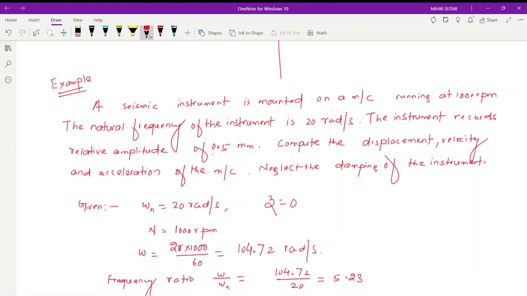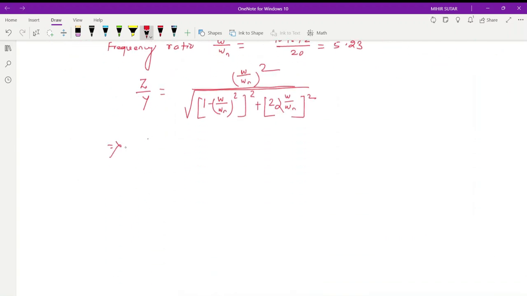Zeta is 0, so the right hand side part will be 0, and if you take the root, we can delete the whole square.